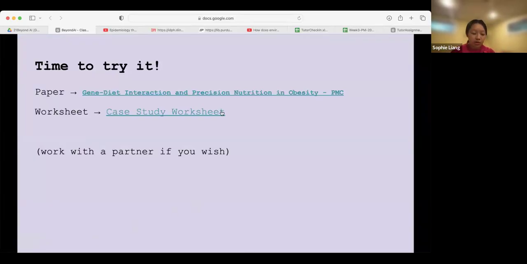Okay, so I'm going to put the article in the chat, and I'm also going to put this worksheet in the chat. I'll give you 15 minutes to try the worksheet by yourself and read the study, and then afterwards I will do the worksheet so that everyone can see how I do it. So the first link is the article, and the second one is the worksheet you're going to use to practice.